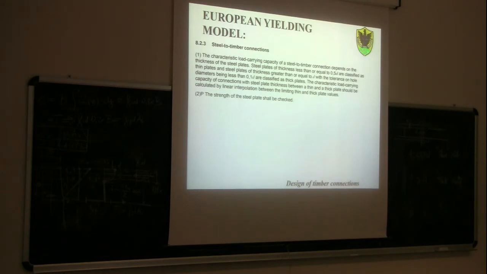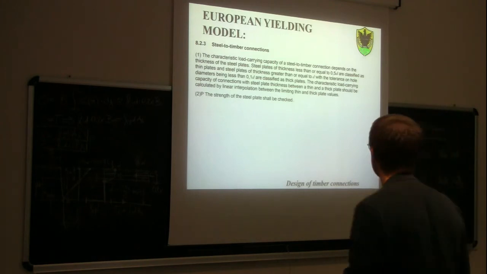Then you wouldn't be able to put the bolt through the hole. So you always have to have a small tolerance. The tolerance in this case must be less than 0.1d. If you have a diameter of 10 millimeter, 0.1d is 1 millimeter. So the hole should not be more than 0.1d larger than the bolt itself. Okay? You need to keep this tolerance to a minimum.